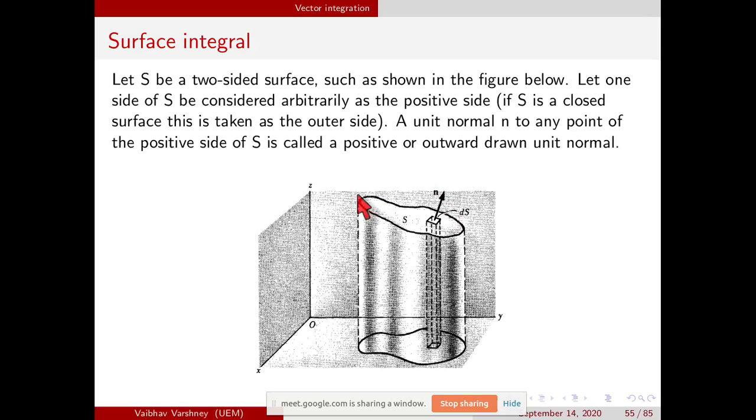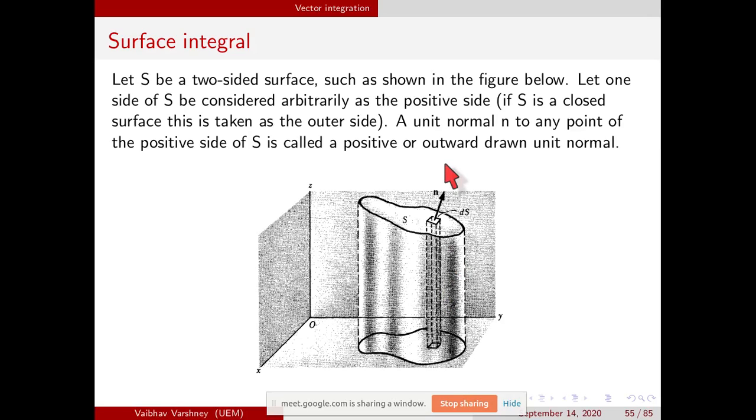If you project this area element onto the xy plane, this will be its projection. It's very simple, just take its image on the xy plane. If you want to project onto the xz plane, take its image on the xz plane, and for the yz plane, take its image on the yz plane.